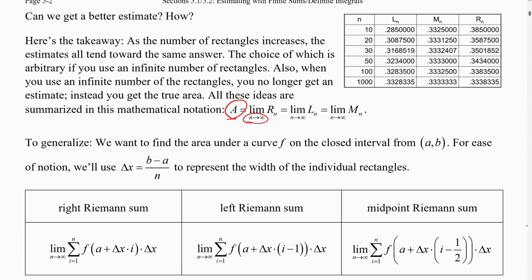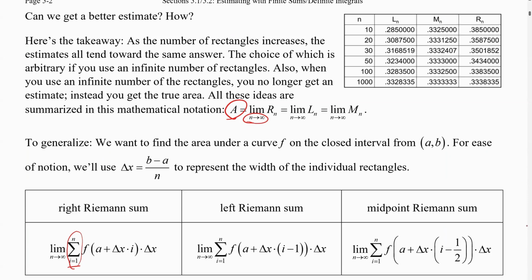So, to generalize, if we want to find the area under a curve from x equal a to x equal b, we can try to add up the areas of an infinite number of rectangles. Now, there is some calculator functionality and some notation that basically says, number these different intervals from 1 to n, n being the number of rectangles.